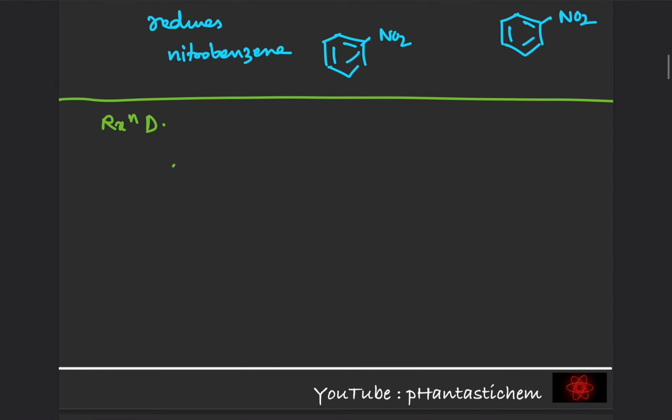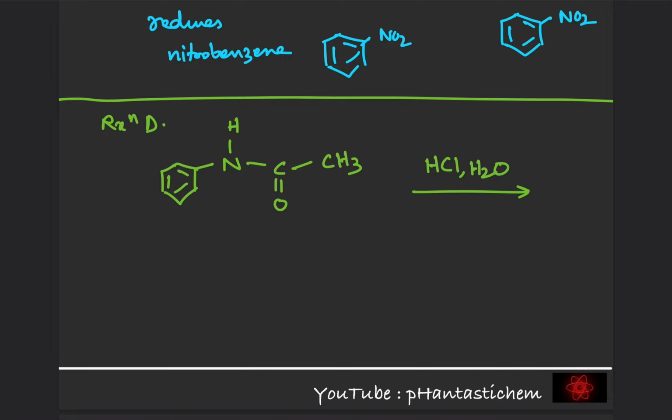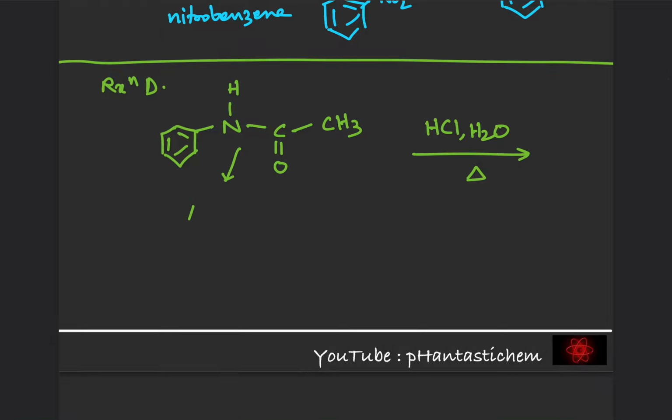In reaction D, we have benzene ring connected to NH, which is connected to C double bond O, which is connected to CH3. It is reacting with HCl in the presence of H2O, that is acidic hydrolysis, and heat. This is acetanilide.